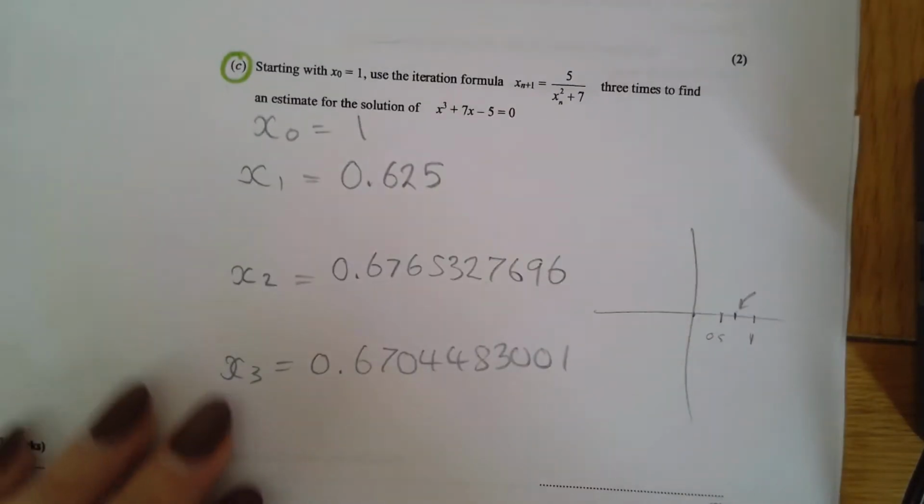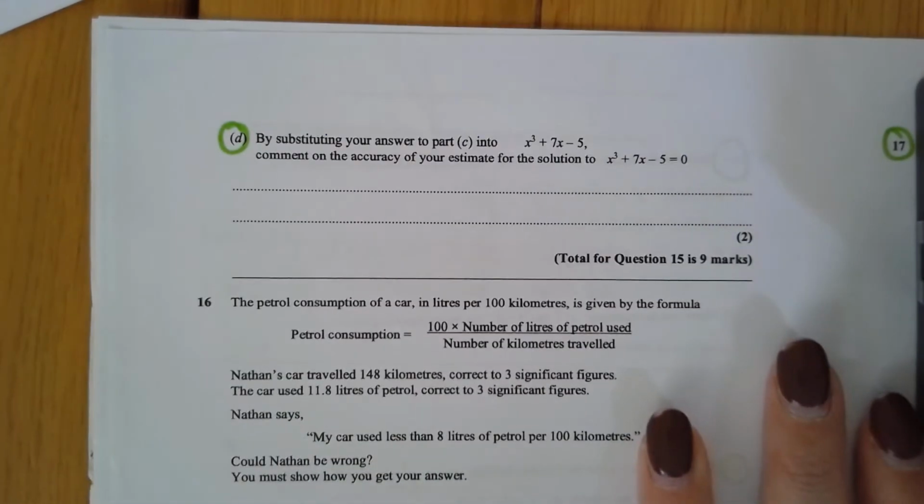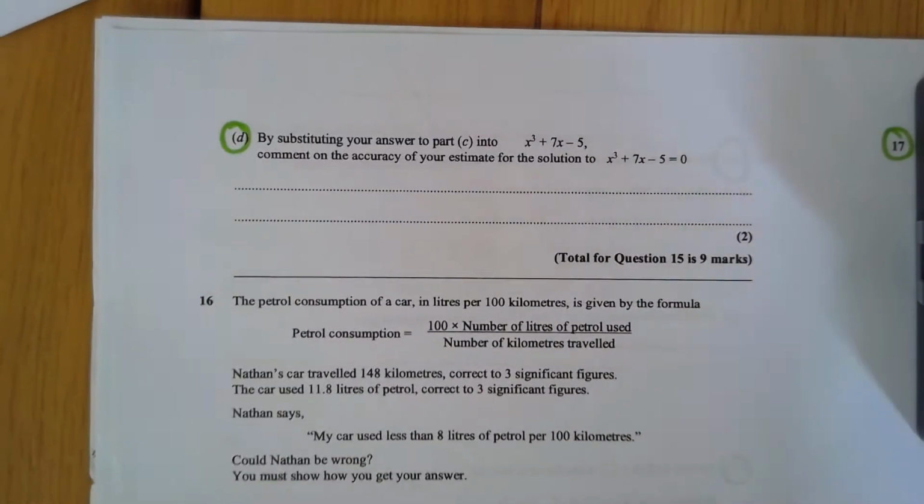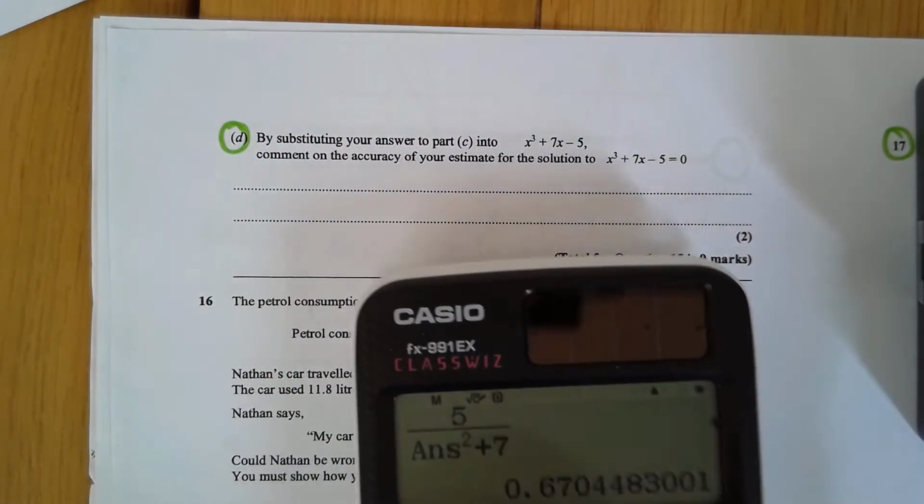Okay, so part D says to use the result for C, which is why I thought I'd work it out. So it says by substituting your answer to part C into that, comment on the accuracy of your estimate.